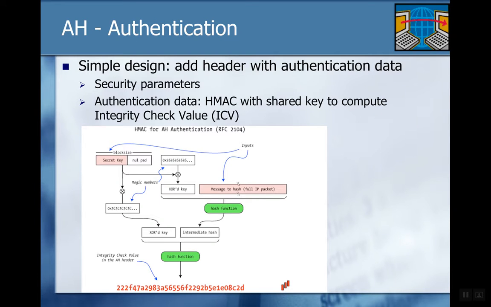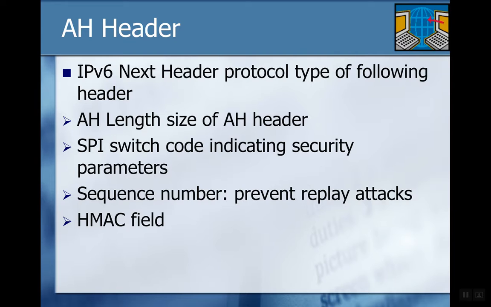So AH is what we call authentication mode. Add the header with authentication data onto the packet. Think of that in its simplest form. This is actually designed as part of IPv6.